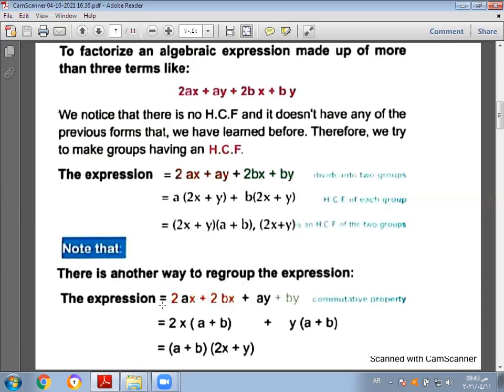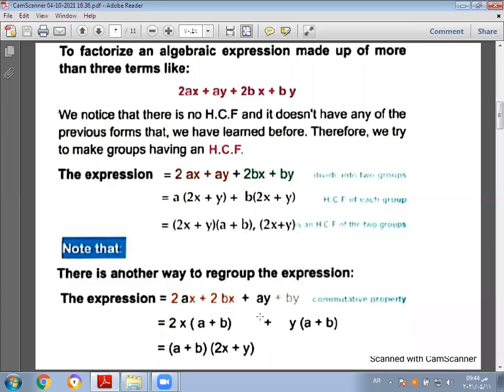Sorry, 2x is HCF with the first, 2x, and here is 2x. We take 2x as HCF. If we take 2x from first and second after commutative, we find the remainder here is a. We put in bracket plus we find b. So the remainder will be a plus b.